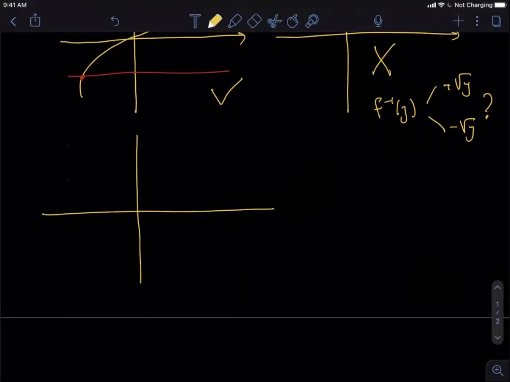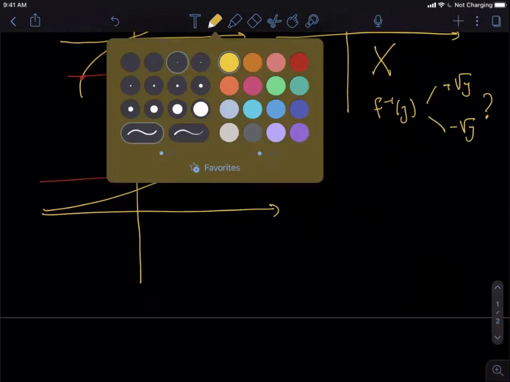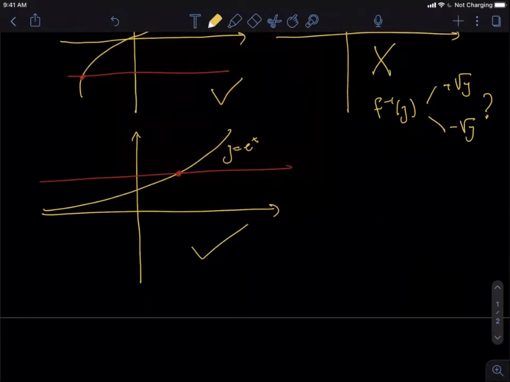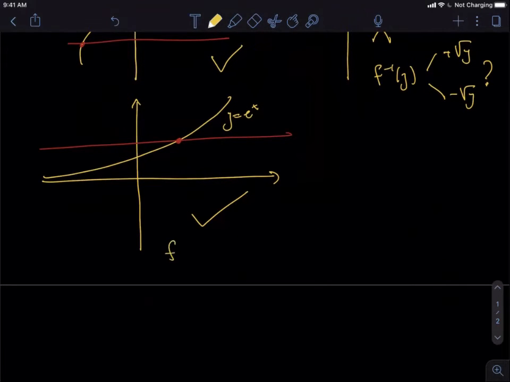Another one that is going to pass the test is the exponential. For this one, any x, any horizontal line, is going to cut once. So this one passes the test. Here we know that the inverse is the logarithm, right? And another one that doesn't pass it: trigonometric functions, because they are periodic.